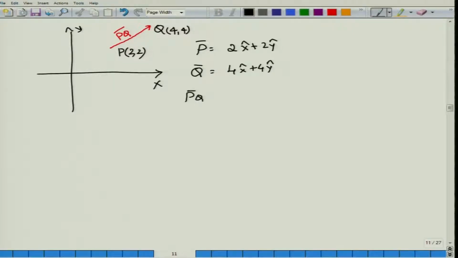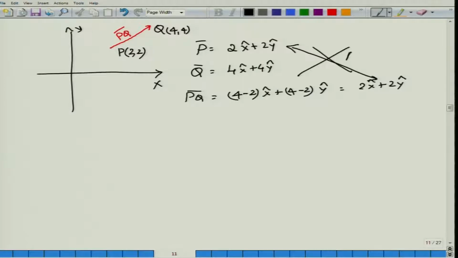The vector PQ is given by 4 minus 2 times x hat plus 4 minus 2 times y hat, which is equal to 2x hat plus 2y hat, right. But please note here, I have a position vector for P which is 2x hat plus 2y hat. I have the vector PQ itself which is 2x hat plus 2y hat, but these two are not the same.